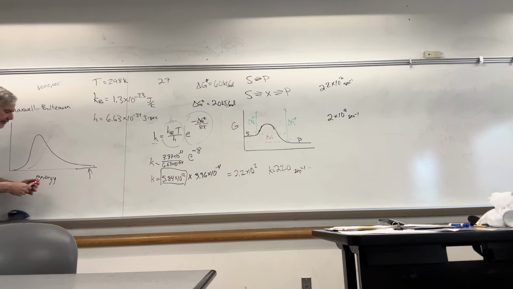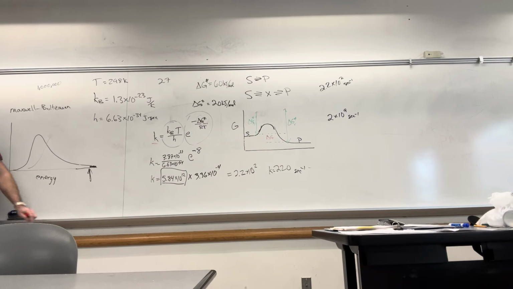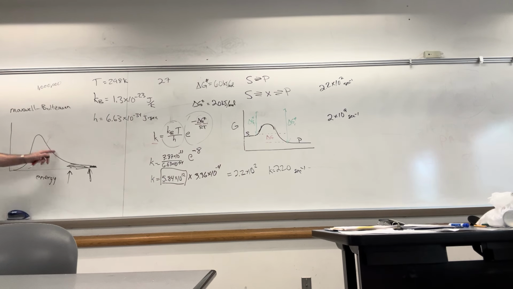When the activation energy is here, only these molecules have enough energy to go through the reaction. If we lower the activation energy, then more molecules are able to reach that level and will be able to become product.